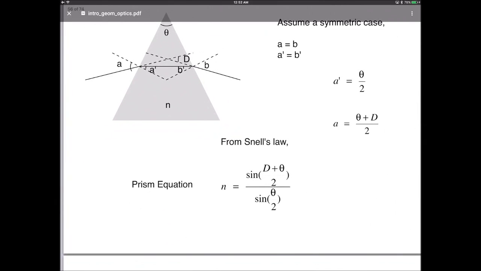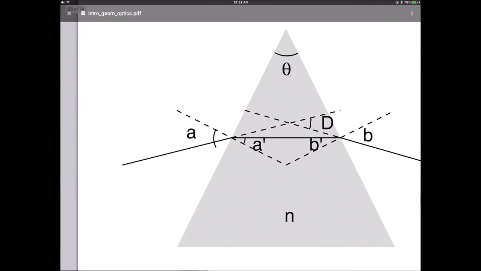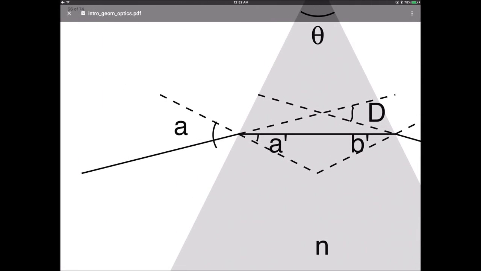Okay, so from Snell's law, on the left-hand side we get 1 times A, because the outside refractive index is 1. This is the paraxial approximation, or you can also consider sine theta.